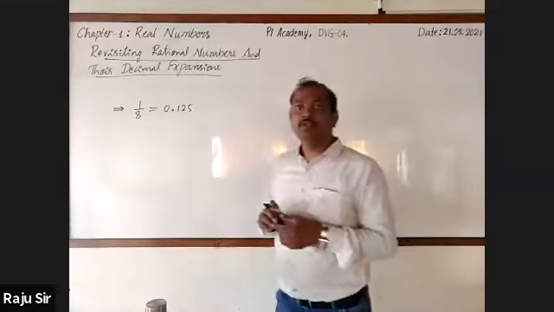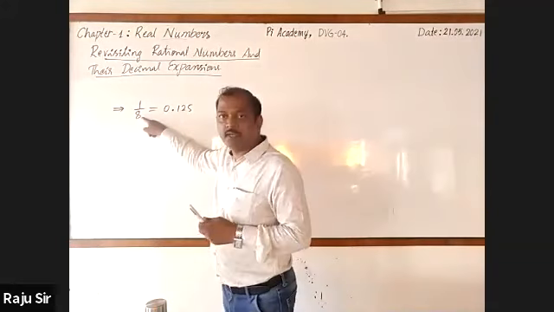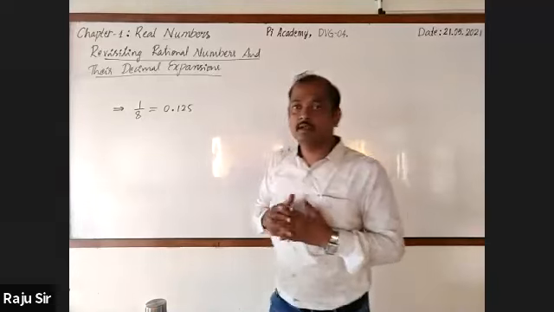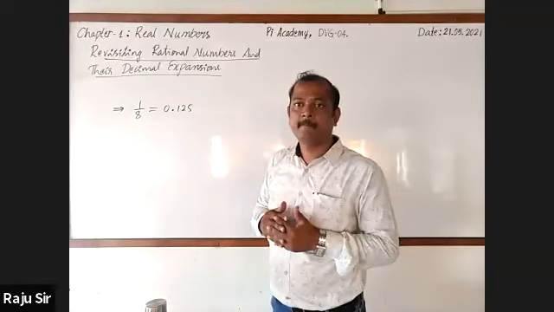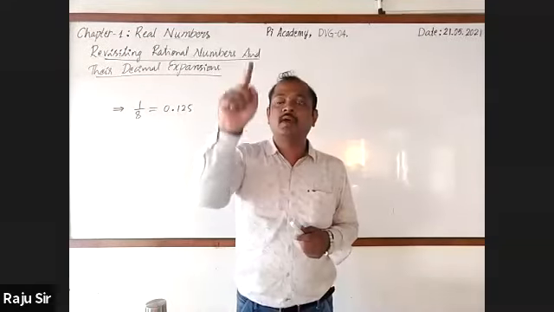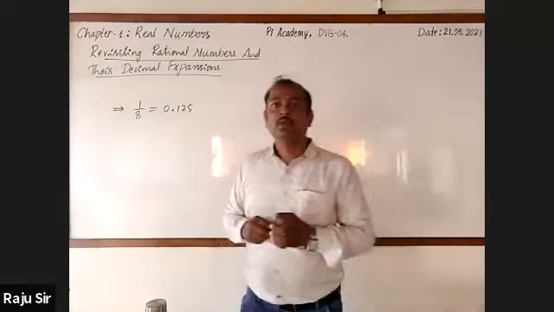Is it possible to say directly whether the decimal expansion of the given number is terminating or non-terminating recurring? My question is very simple. You will be given a rational number in the form of p by q.